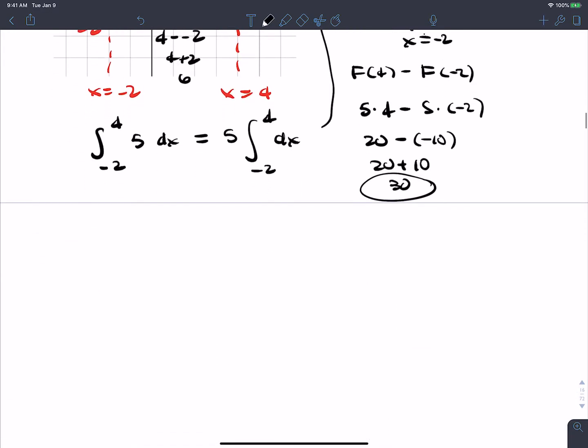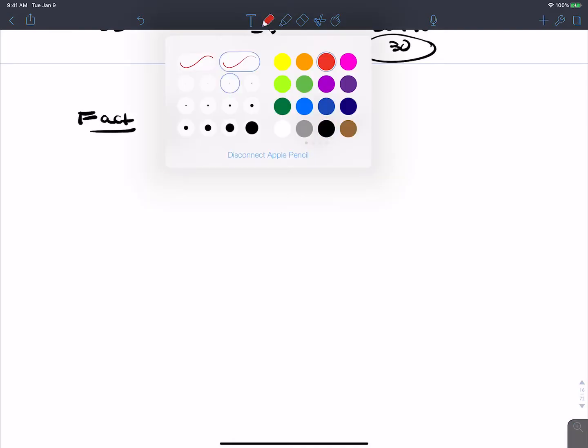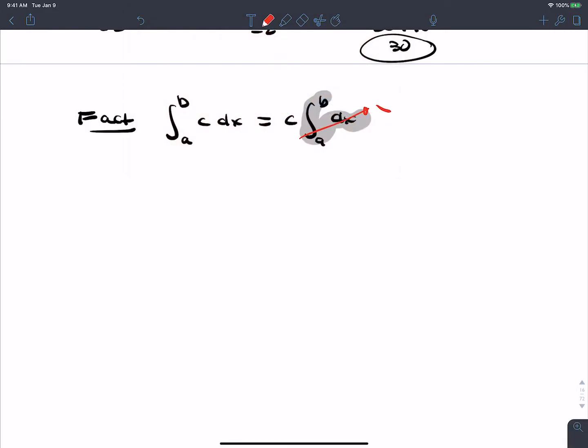And I want to give you guys maybe another fact here. Here's a fact in terms of calculus. The integral from a to b of a constant function. So it's a constant times dx, though. Well, we can pull out the constant, as you guys know. And then this integral here is just what? That's just x.